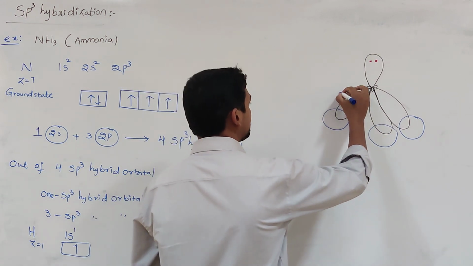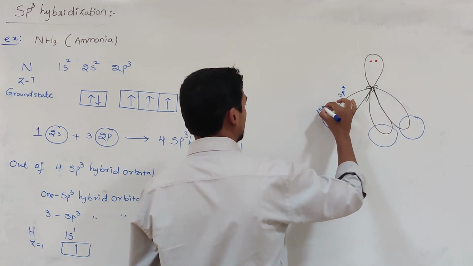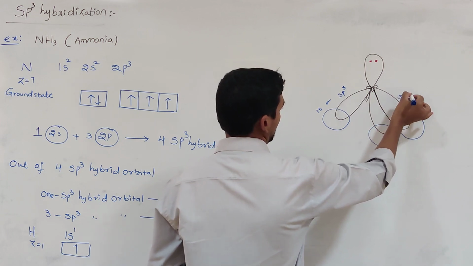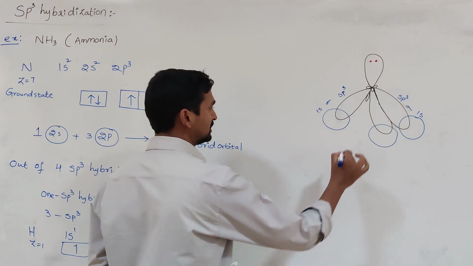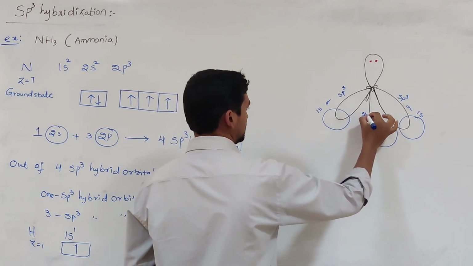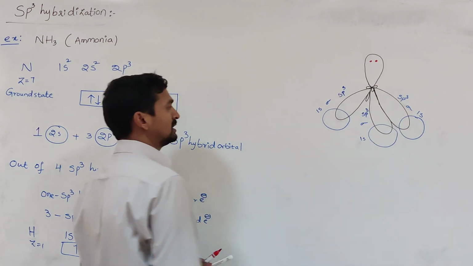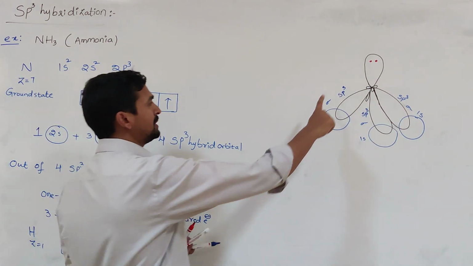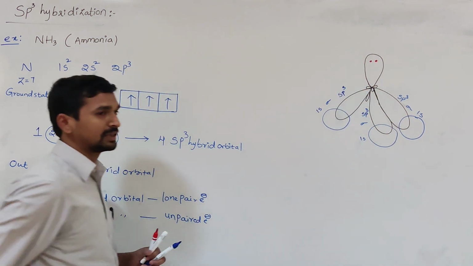So here the sp3 hybrid orbital and 1s orbital overlap, resulting in a sigma bond; another sp3 and 1s orbital also result in the formation of a sigma bond. But one of the sp3 hybrid orbitals contains a lone pair of electrons.